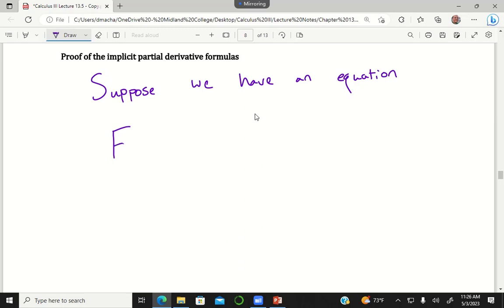We could always rearrange any equation involving those three variables to look like some function of x, y, and z equal to 0, right? If your equation looks different, like a function of x and y equals some function of z, you could just subtract the whole right part and make it look like this. So we can always rearrange to make it look like this.